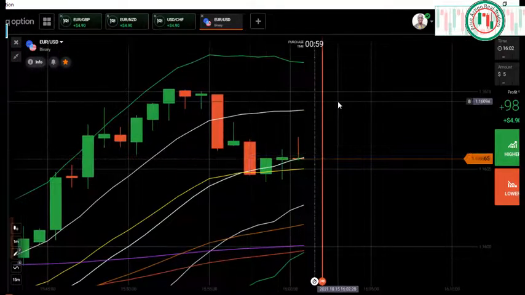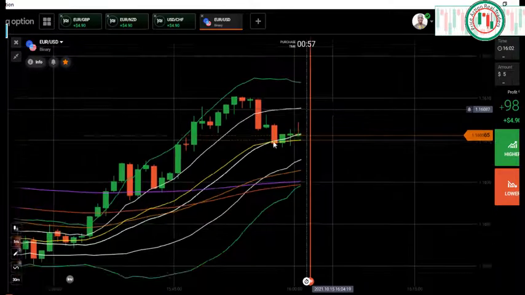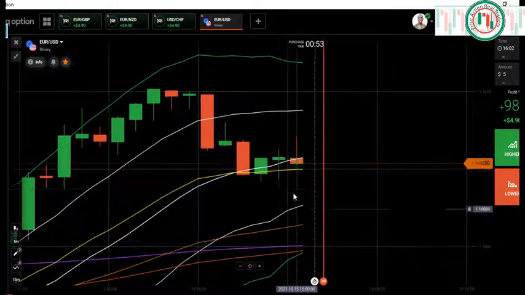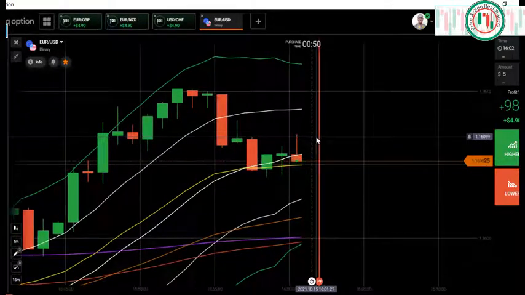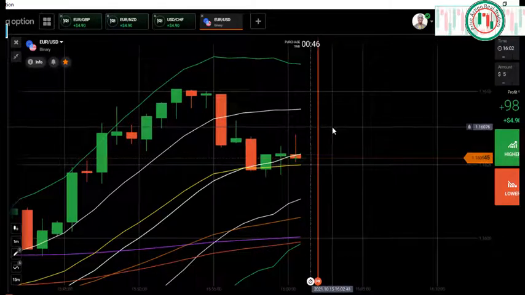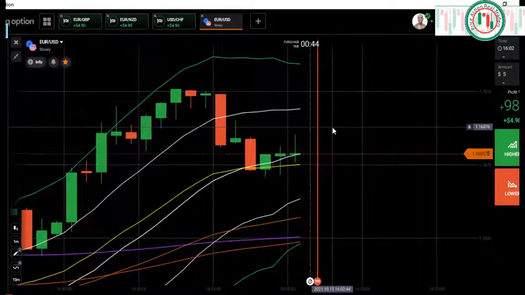Let's pull back from the 20 MA because they are far away, so the market must go up from here.